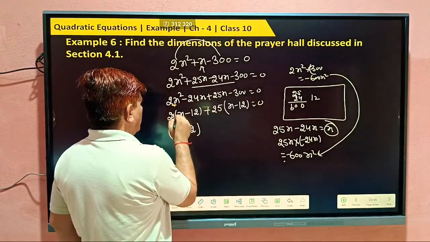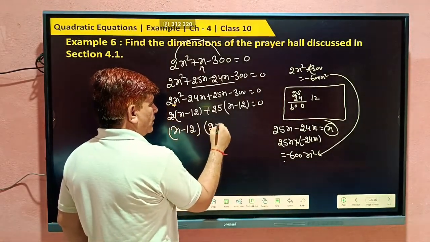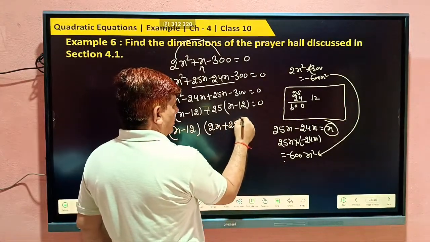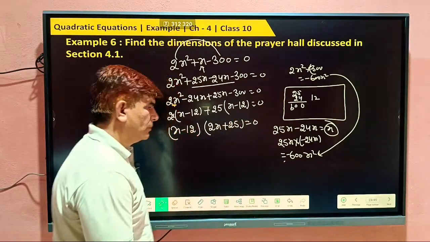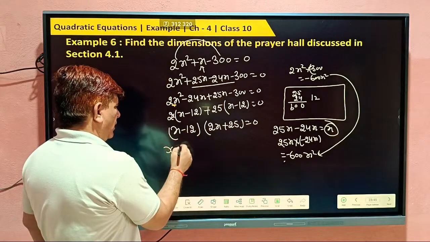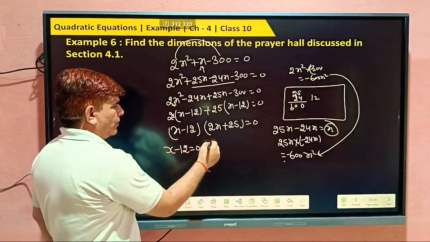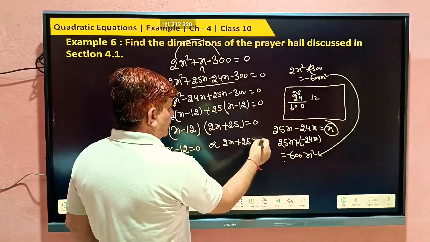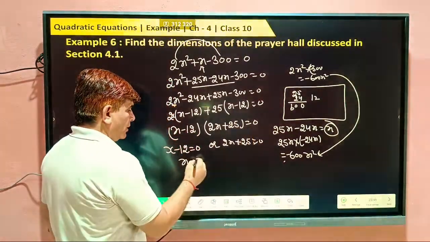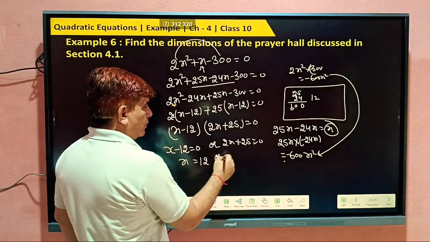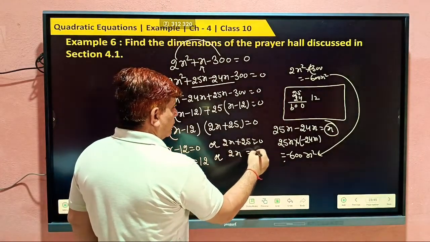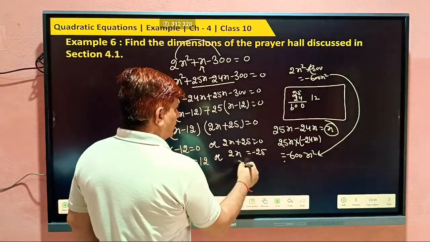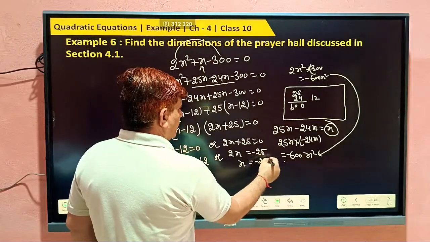Here x is coming, sorry, so this is 2x plus 25 is equal to 0. So what can we say? x minus 12 equal to 0 or 2x plus 25 is equal to 0. So x is equal to 12 or 2x is equal to minus 25, so x is equal to minus 25 by 2.